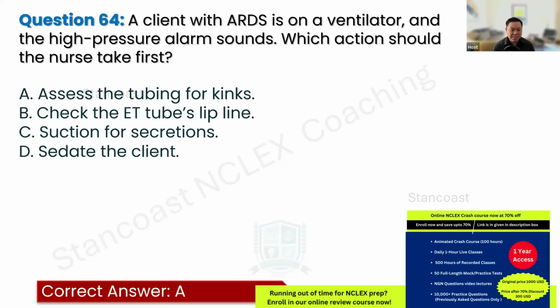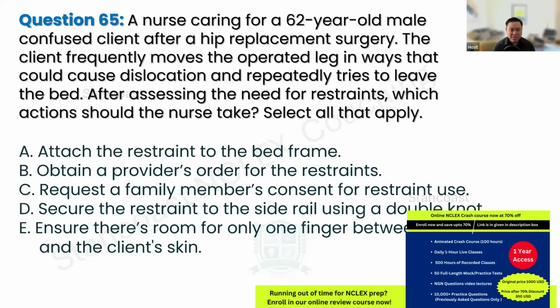Let's have number 65. A nurse is caring for a 62-year-old male confused client after a hip replacement surgery. The client frequently moves the operated leg in ways that could cause dislocation and repeatedly tries to leave the bed. After assessing the need for restraints, which actions should the nurse take? Select all that apply.